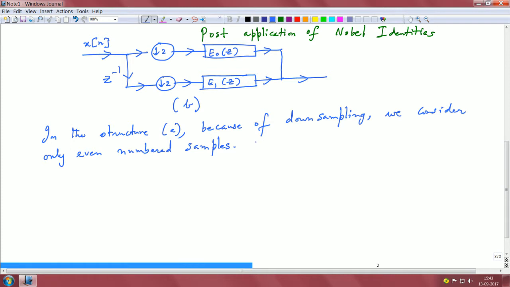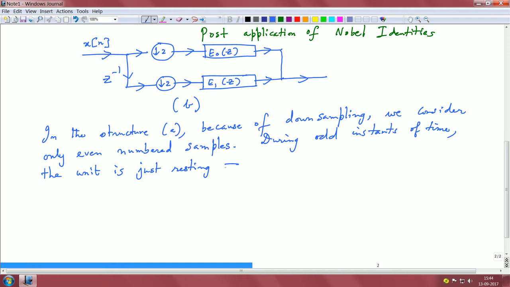Now, which means during odd instants of time, the unit is just resting, which is basically inefficient resource utilization, because filtering and these operations can be costly, right.